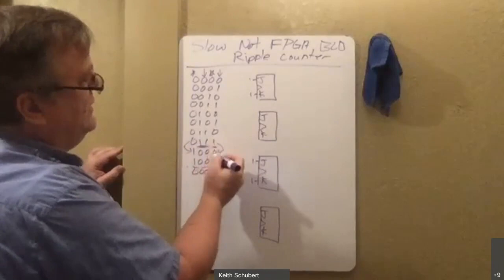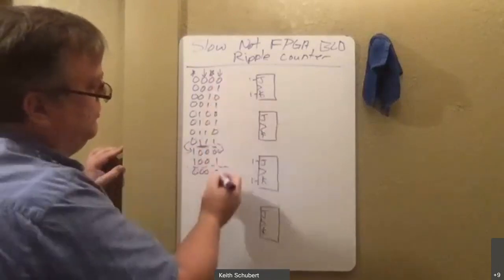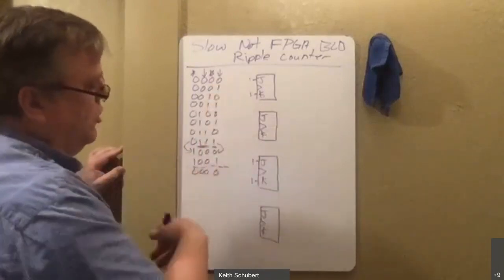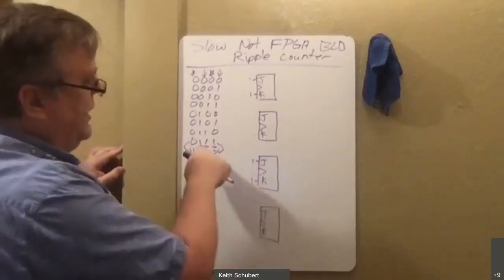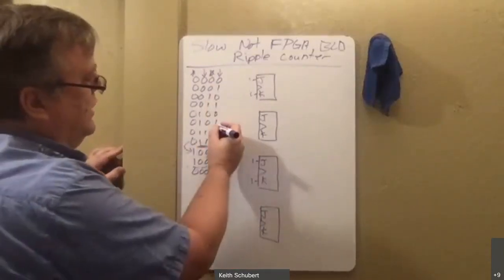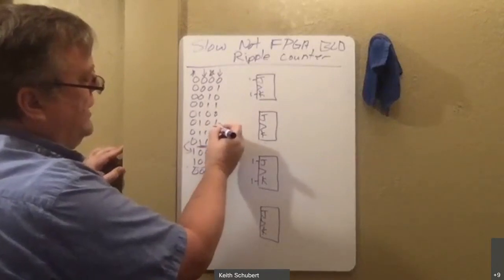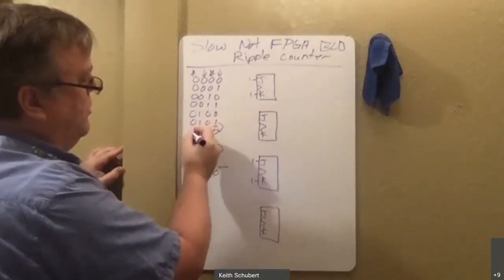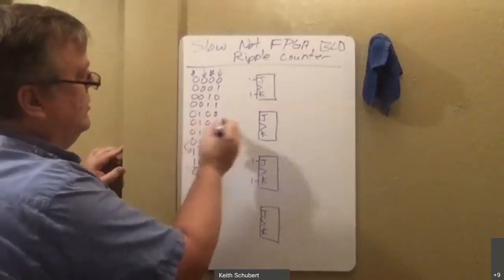So that suggests that this least significant bit should be the one that's determining when I do the flip, and this one should be doing the enable. So again, if I do that, this goes from a 1 to a 0, and I want that to stay a 0.